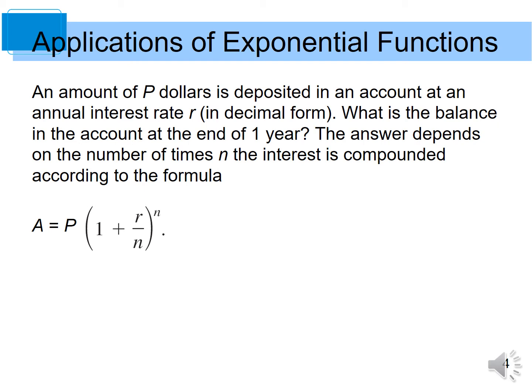An amount of P dollars is deposited in an account at an annual interest rate R in decimal form. Interest rate R must be in decimal form.